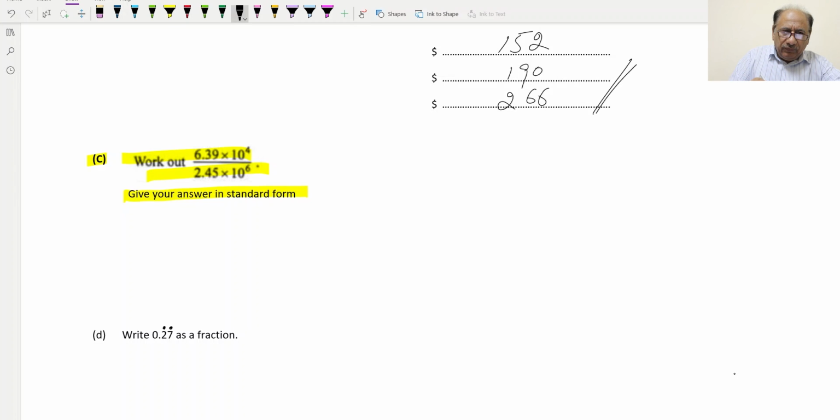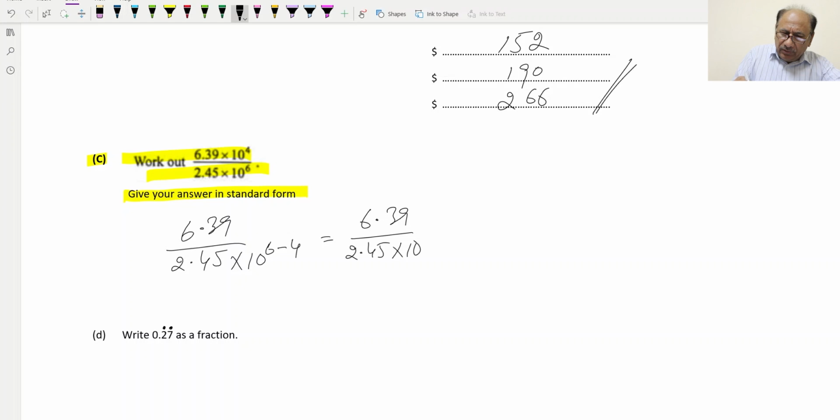So we can rewrite it as 6.39 over 2.45 into 10 raised to the power 6, and we can shift the 10 to the numerator, so it will be minus 4, and this will be equal to 6.39 over 2.45 multiplied by 10 raised to 2, which we can rewrite as 245.